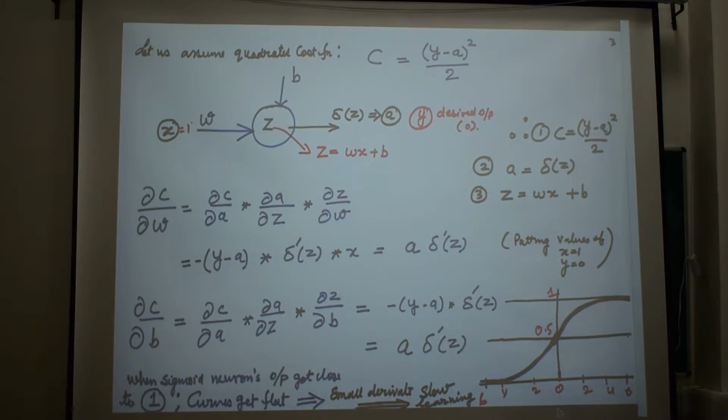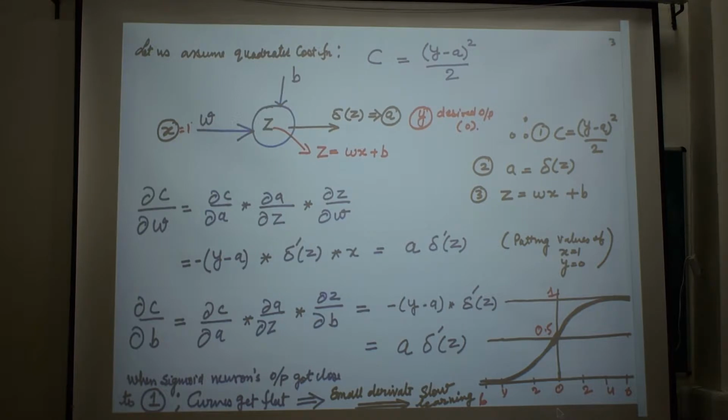So what is the thing that one can do? Because this is the problem with this type of MSE loss function, there are two things that you can do. First is that you can change your cost function, and the second is that you can come up with another activation function. Both of these things are actually being done. If you wanted a non-saturating activation function, what is that? ReLU.